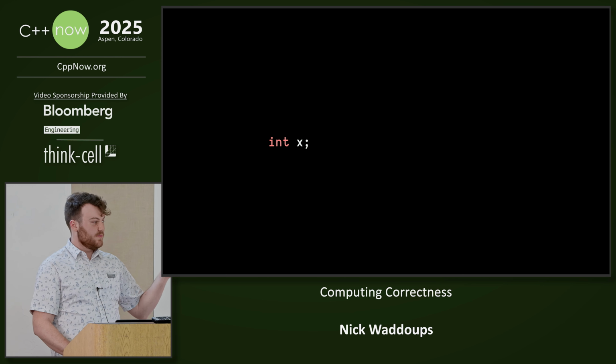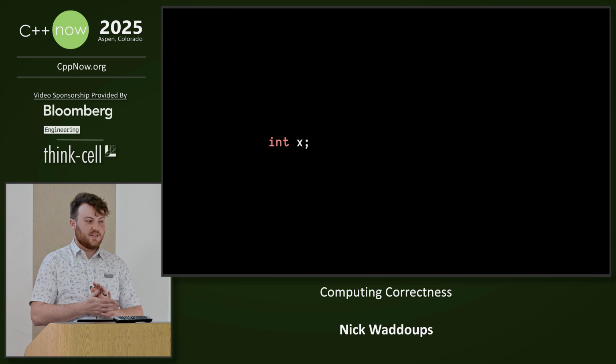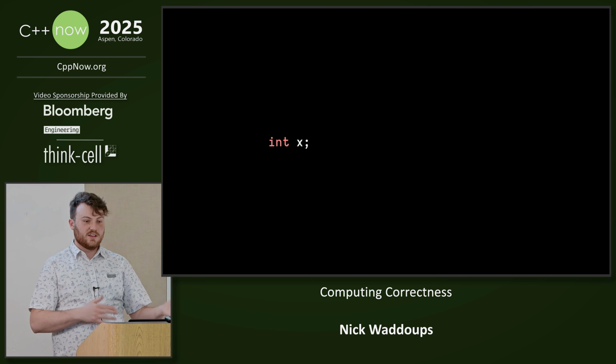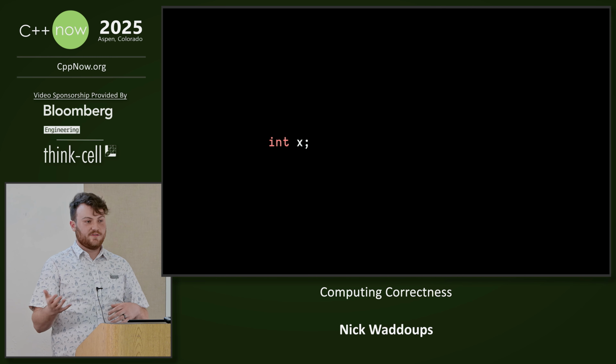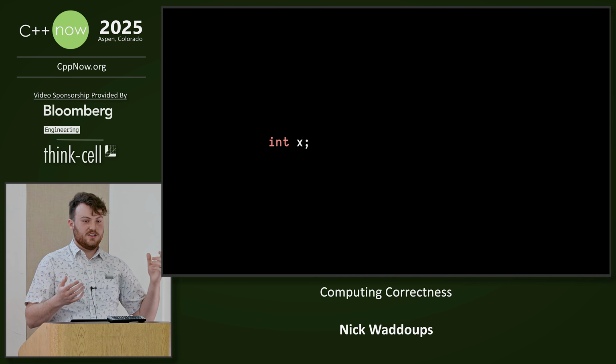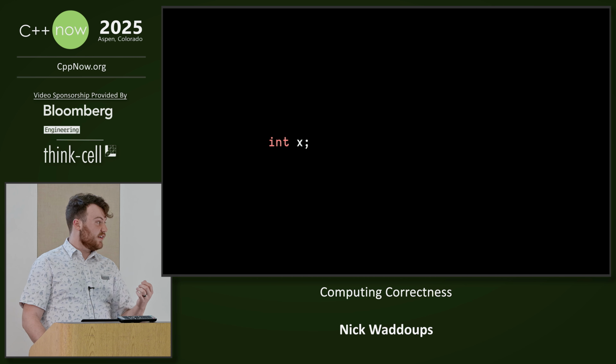So if this is our program, just a declaration of an integer, we are going to look at some rules that we would apply in order to derive our precondition and our postcondition after our statement. So here we can say that our precondition is just true. We don't really have any precondition. X doesn't even exist before this line. And our postcondition is just going to be that X does exist.